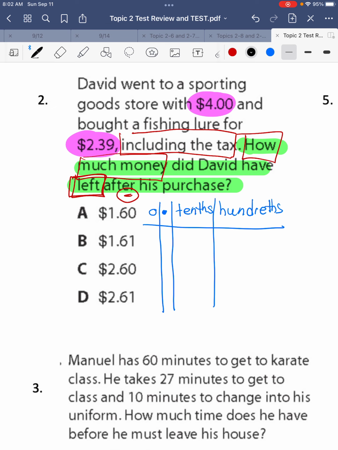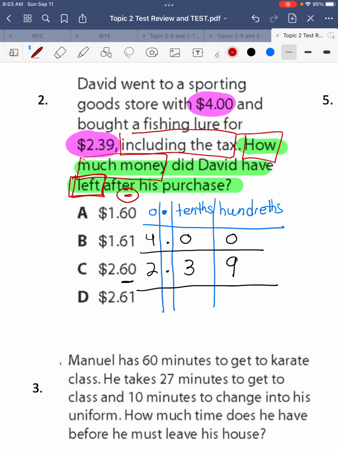So when I'm subtracting, remember the biggest number, biggest decimal, which is $4, goes on top. So I have $4. And then we have $2.39. And I'm subtracting. Okay, here's my little subtraction symbol. So now I can start.